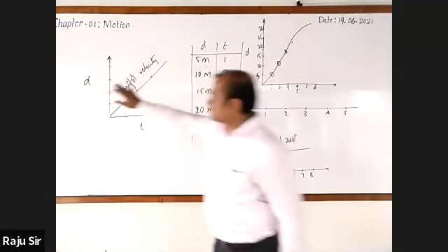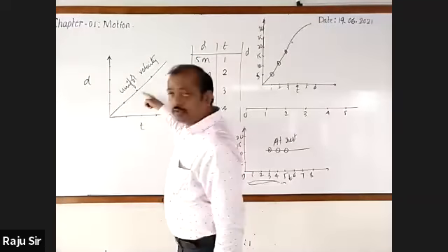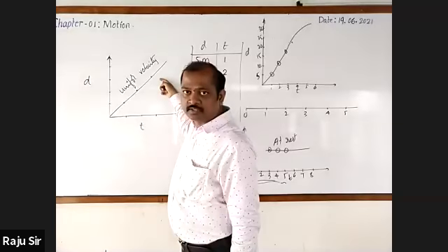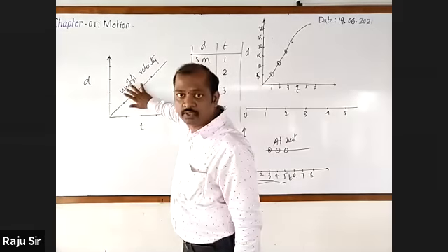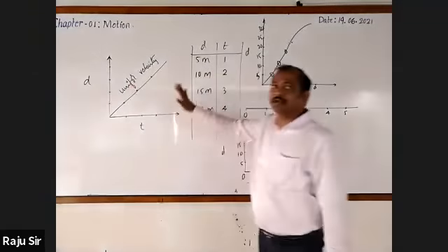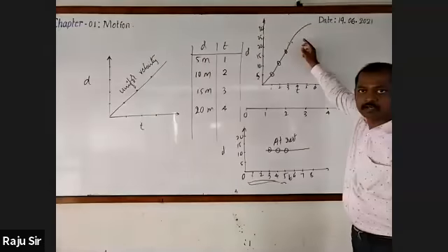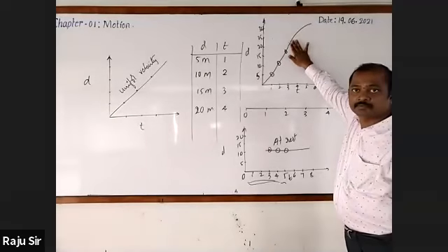See, in the case of a DT graph, if we get a straight line like this, it is uniform velocity or constant velocity. If it is a curved line, it is non-uniform velocity.